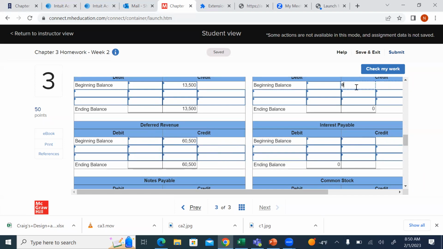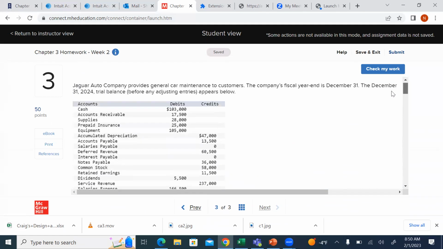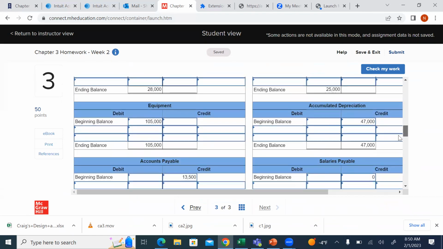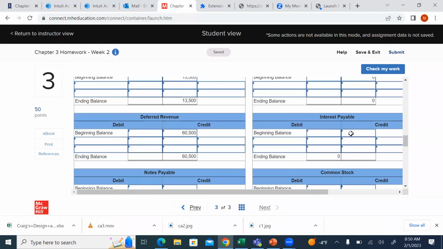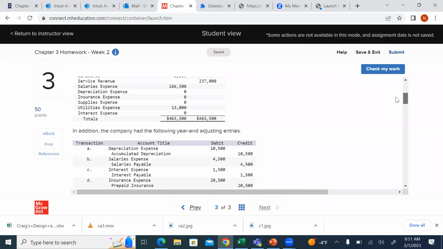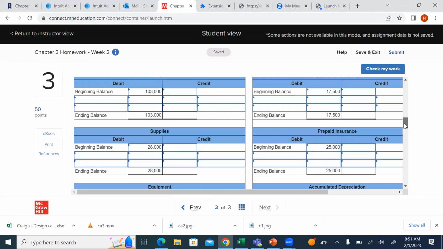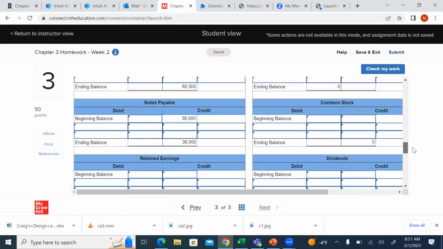So beginning balance 0. Next, interest payable is 0. Notes payable, 36,000. Common stock, 58,000 credit.